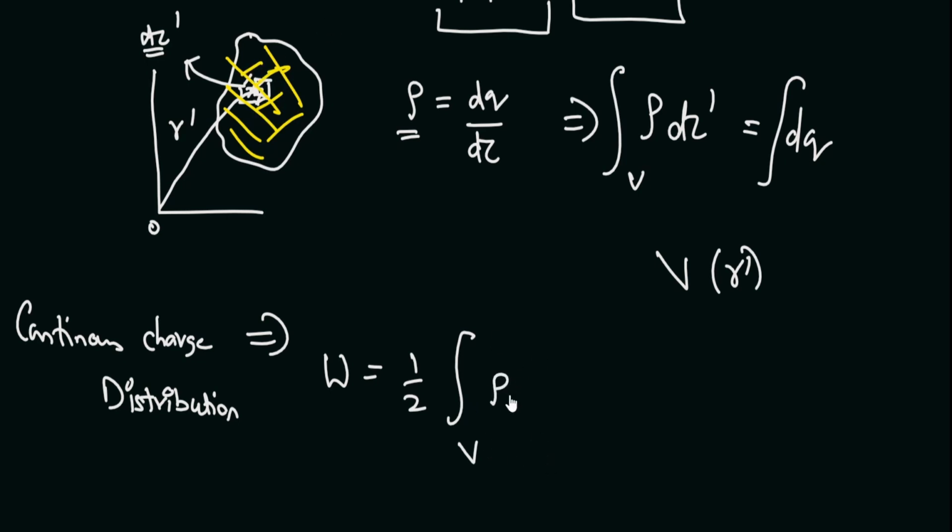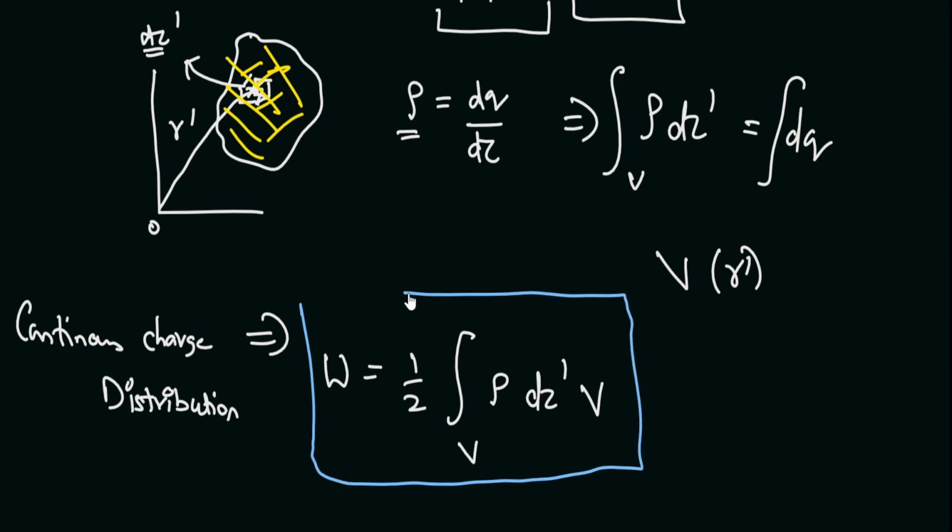It will be equal to rho d tau prime times V. Now in theory, we are done. This is the formula that we can use when we have a continuous charge distribution.